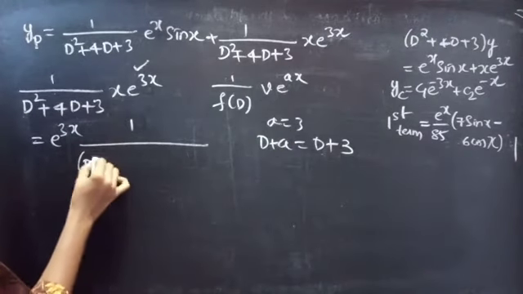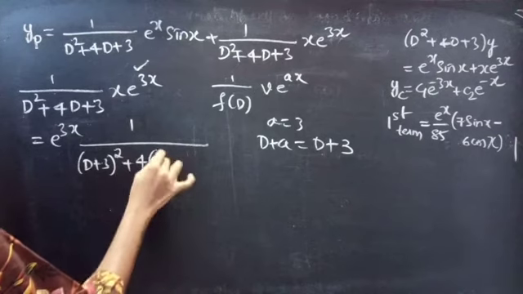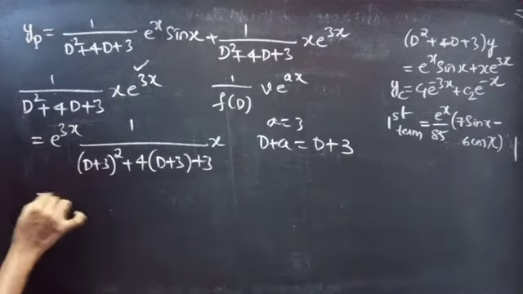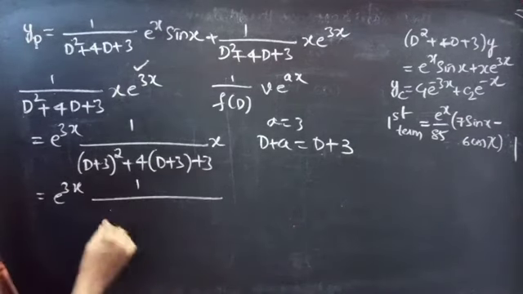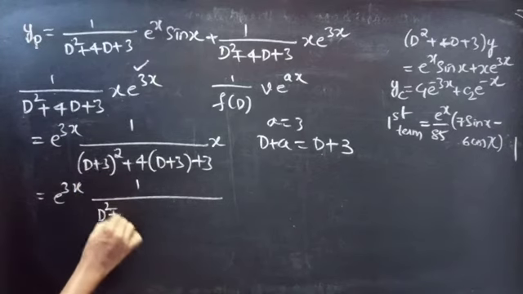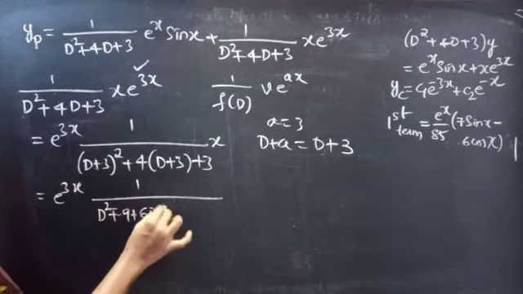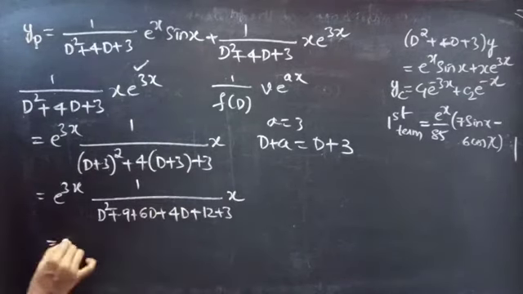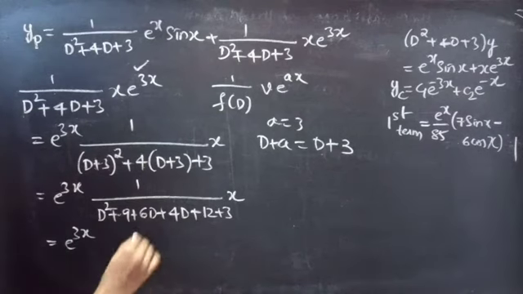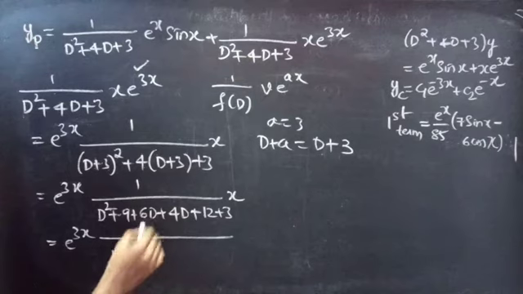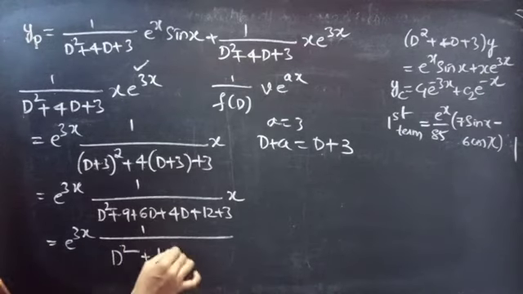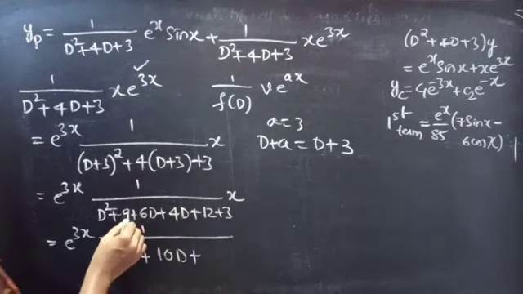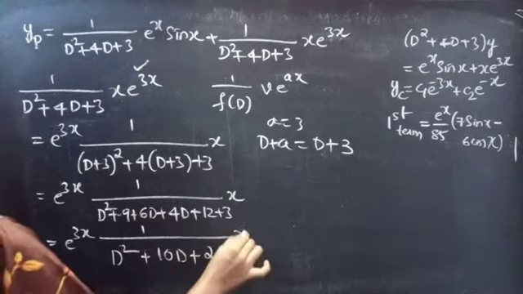Then we'll get 1 by d plus 3 whole square plus 4 into d plus 3 plus 3 into x, which is equals to e power 3x into 1 by expand d plus 3 whole square, which is d square plus 3 square 9 plus 2 into 3, 6d, plus 4d plus 4 3s are 12 plus 3 into x, which is equals to e power 3x into 1 by d square plus 6d plus 4d is 10d plus 12 plus 3 is 15. 15 plus 9 is 24 into x.